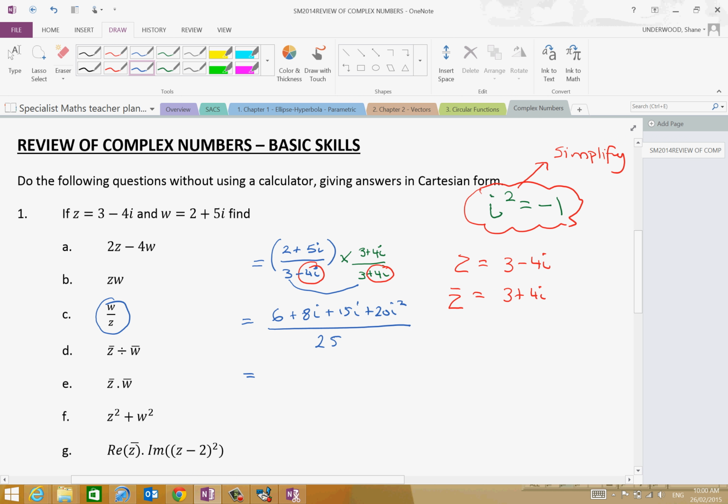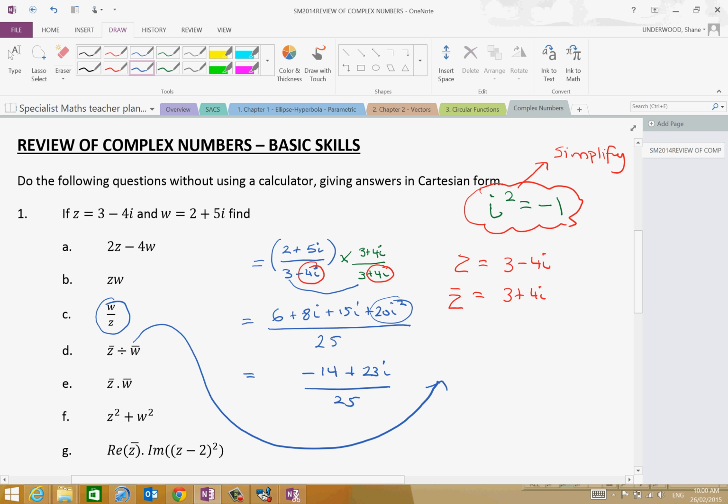Now be careful, i squared's negative 1, so that's going to be negative 20 plus 6, which is negative 14. I've got negative 14 plus 23i over 25. Can I get a show of hands of students that got that correct? Thank you very much.